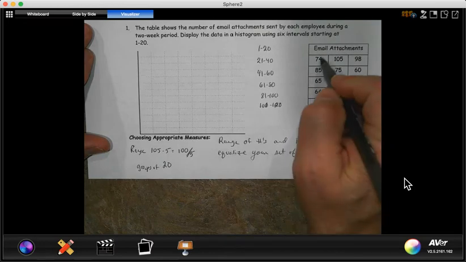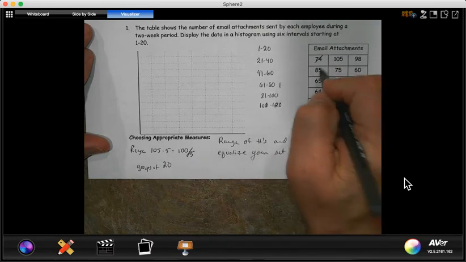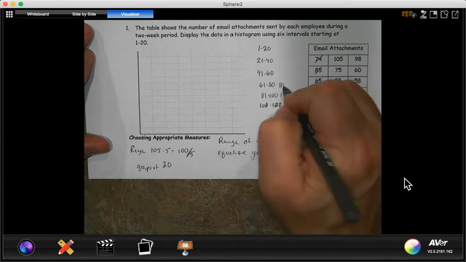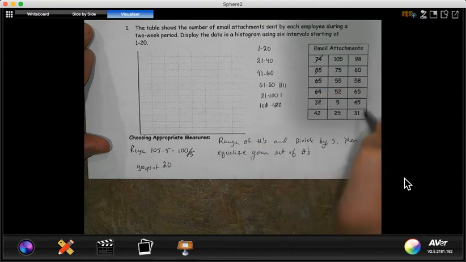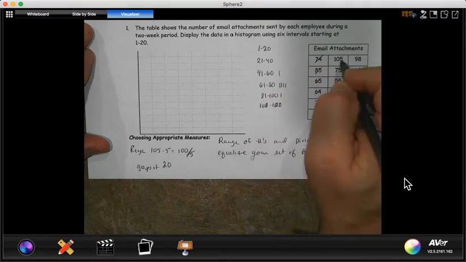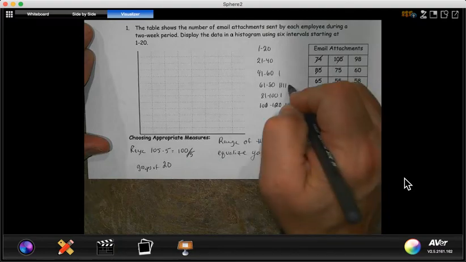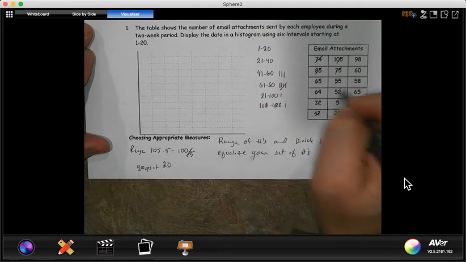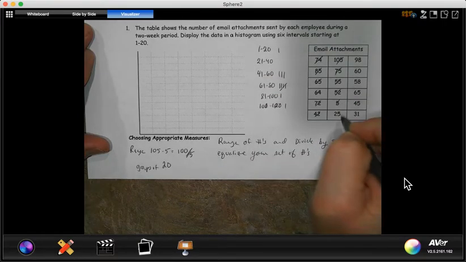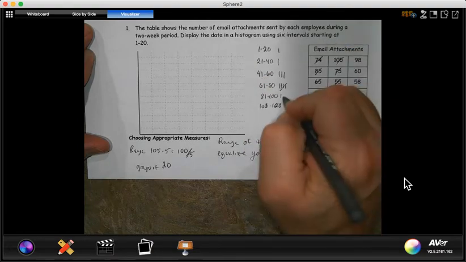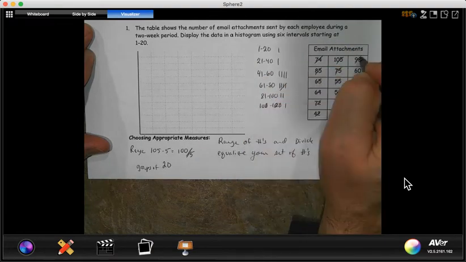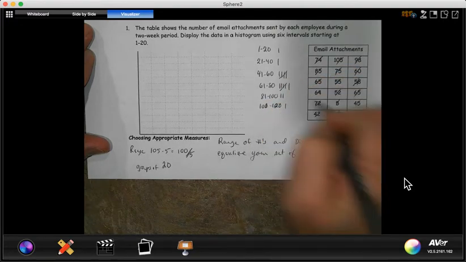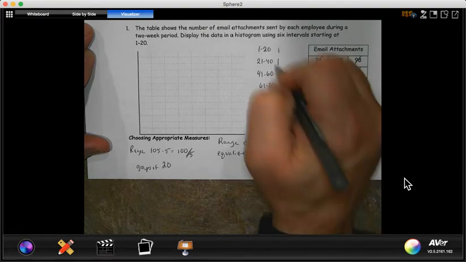So I've got a 74, check. 85, 65, a 64, a 72, a 42, a 105, a 75, a 55, a 52, a 5, a 25, a 98, a 60, a 58, a 65, a 45, and a 31.